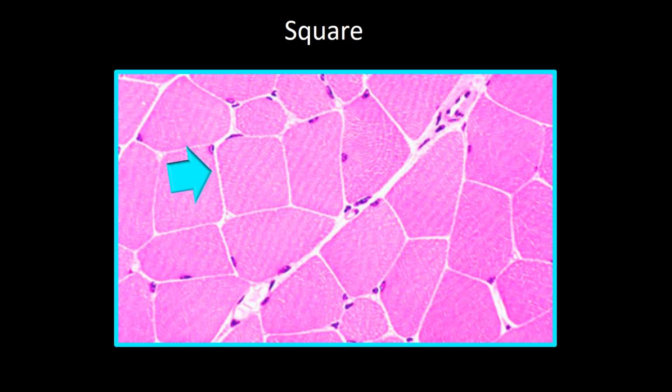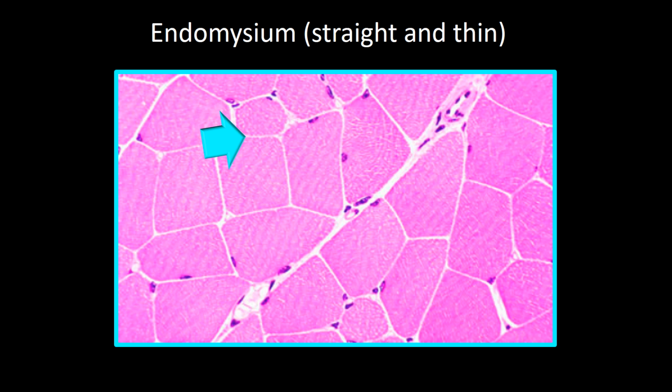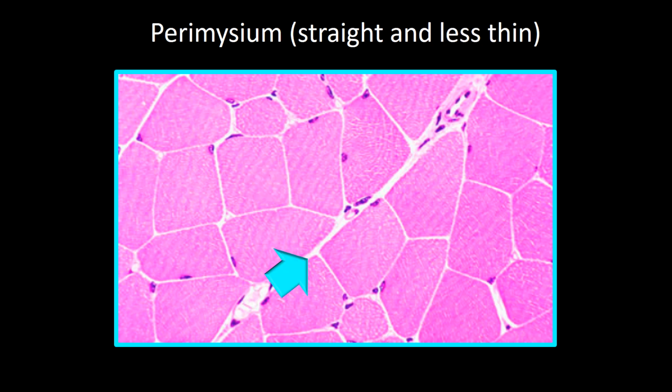This one is square with sharp corners. This one is trapezoid with equally sharp corners. Nuclei are present in the periphery, as we previously saw, and as you can see in this frame. The endomysium is straight and thin, as indicated here and here. The perimysium is straight and less thin.